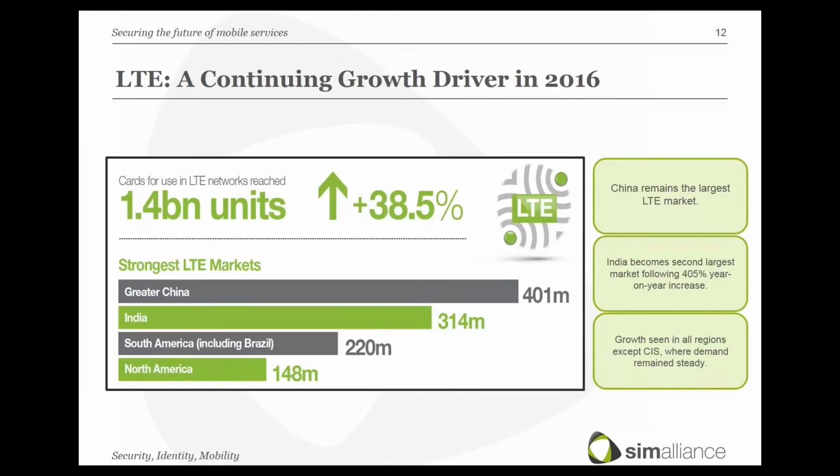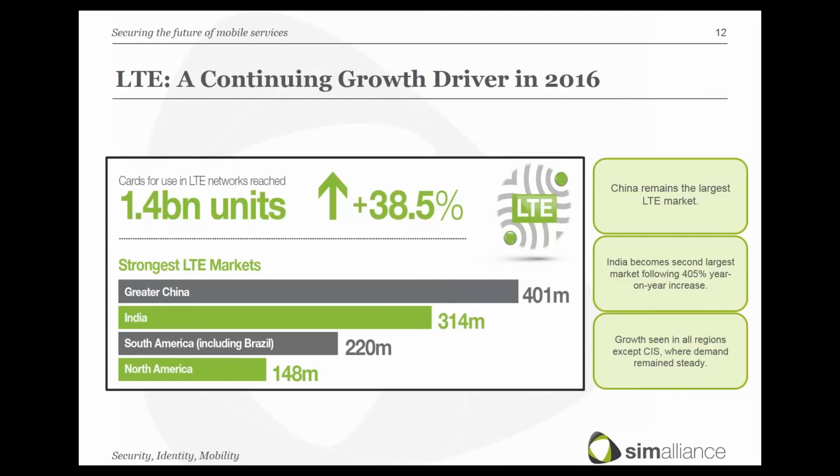Talking about LTE, which is definitely one of the engines of the numbers that we are currently seeing. You see that 1.4 billion units, which is a growth of close to 40%, have been shipped in 2016.